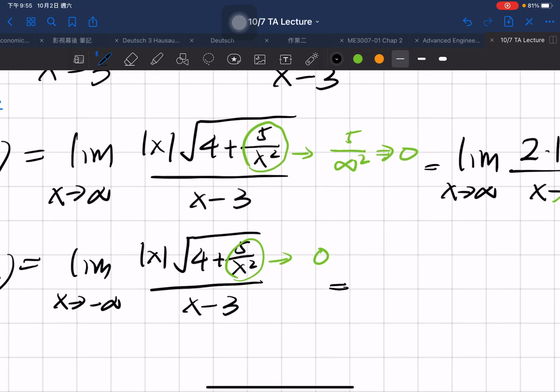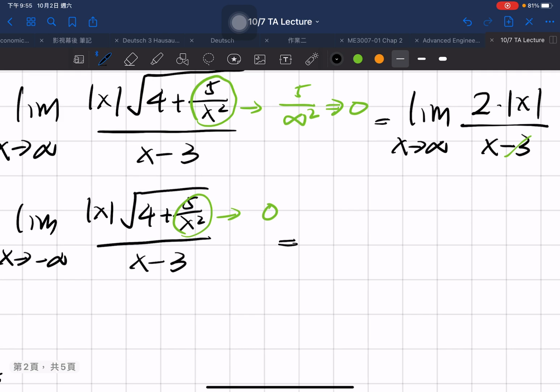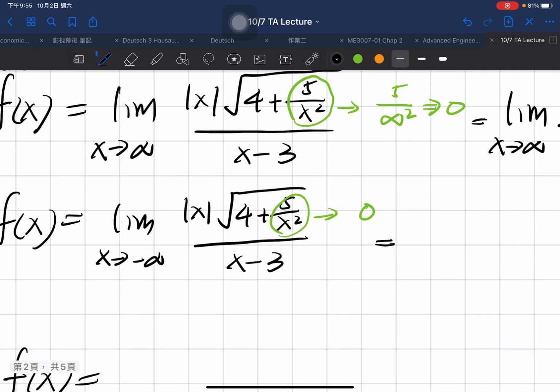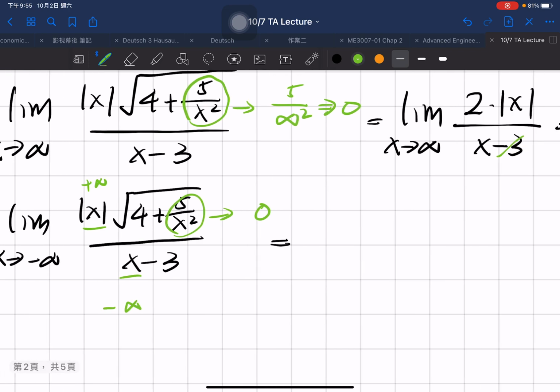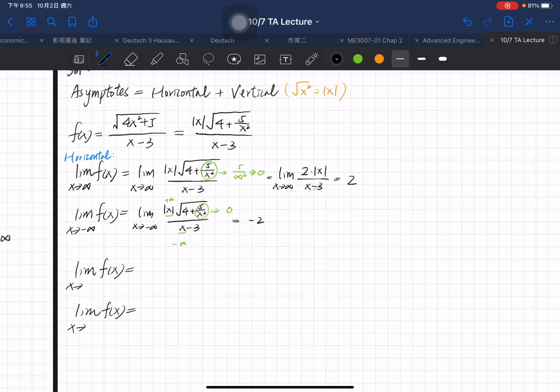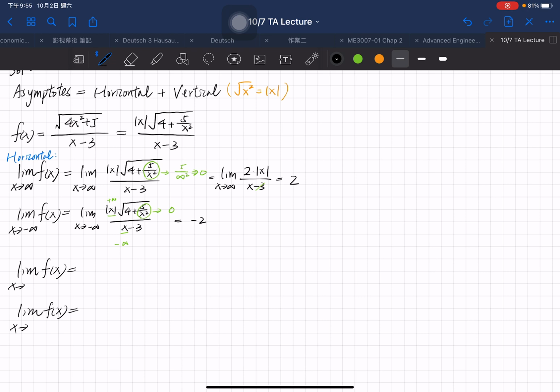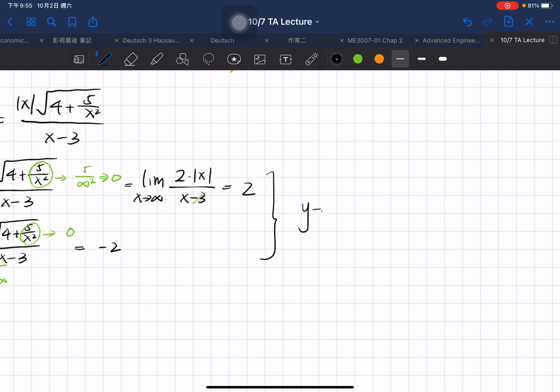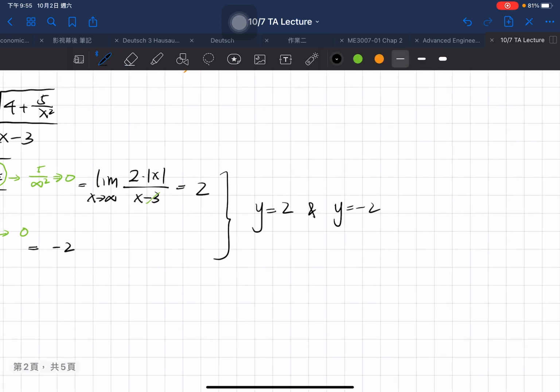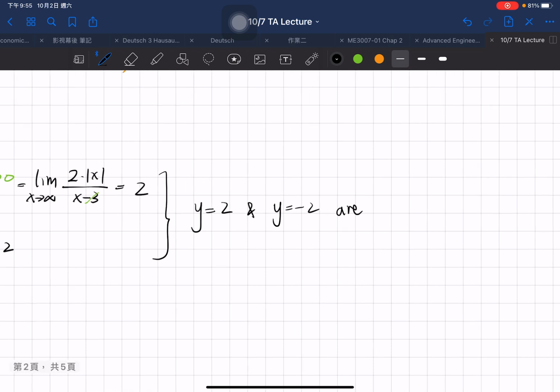And because you have the absolute value here, this will become kind of a positive infinity, and this will also be minus infinity. So at the end, you'll get minus 2. Okay, so combining these two results, we know that y equals 2 and y equals minus 2 are our horizontal asymptotes.